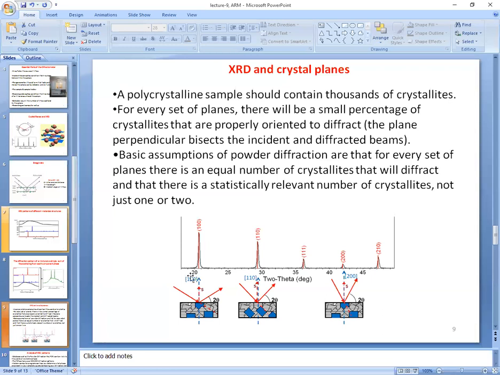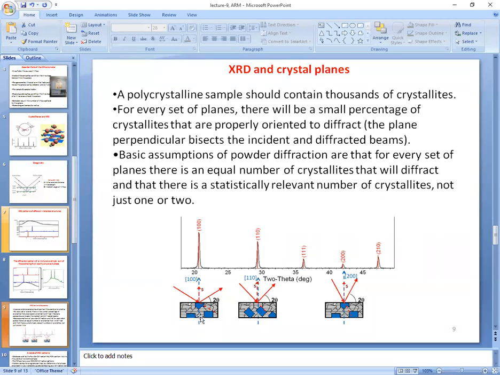In a powder, there are a lot of crystallites which come in the way of the incident X-rays. So when the crystallites are exposed to the X-rays, each crystallite has a number of planes.